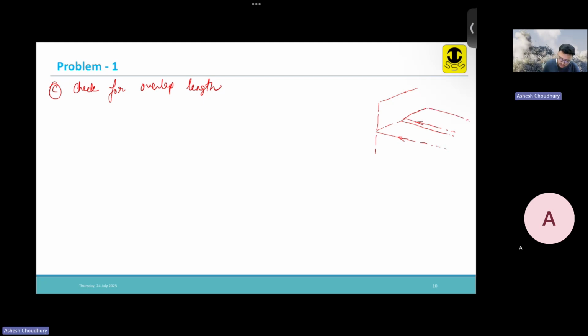And this is my wall face. This is my reinforcement one, this is my reinforcement two. Now this is my overlap length, LO, which I have to find out.